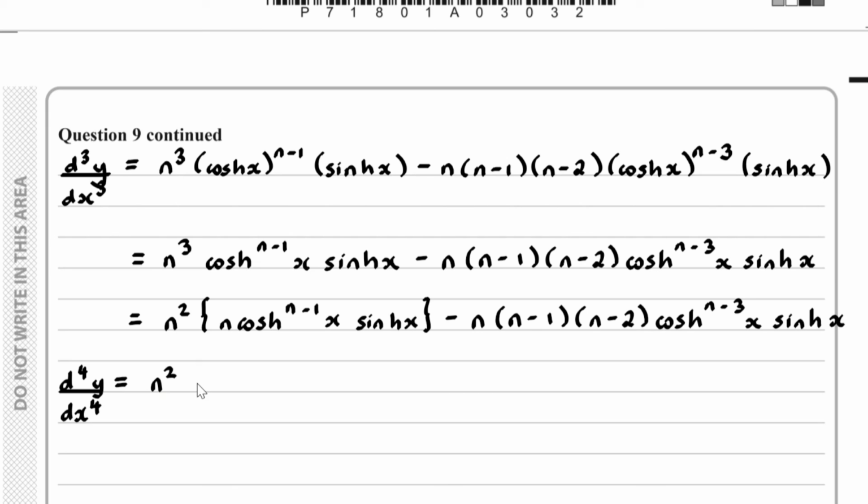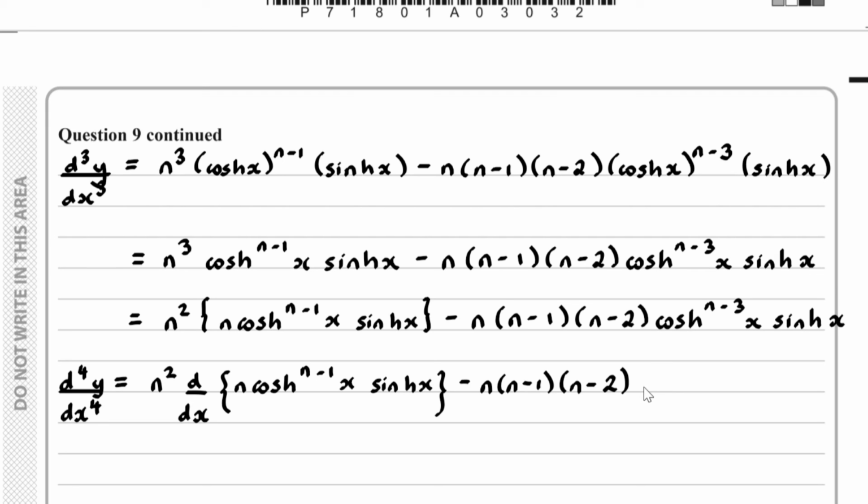I have n squared times the derivative with respect to x of n cosh to the n minus 1 x times sin x, and then I have n times n minus 1 times n minus 2 times the derivative with respect to x of this over here.